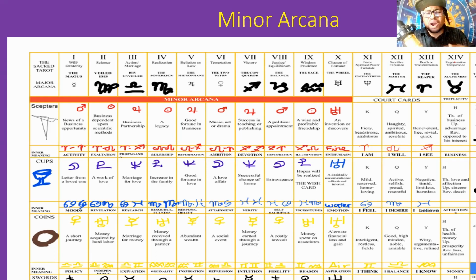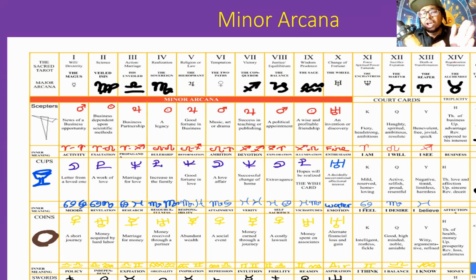Because first of all, fire or the suit of scepters represents your business activities. And then number one, you still cannot exclude the major arcana, that 1 through 9 is represented.